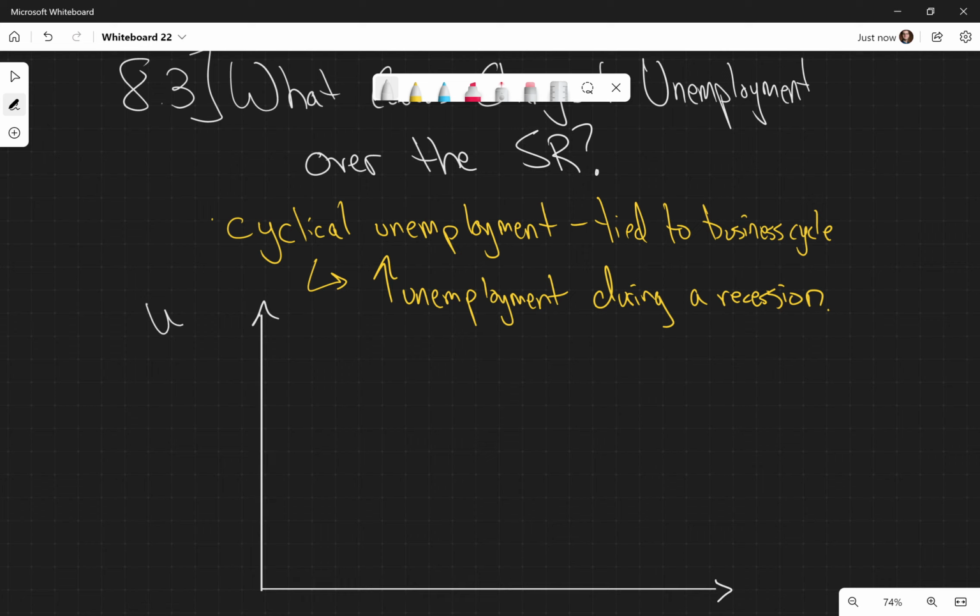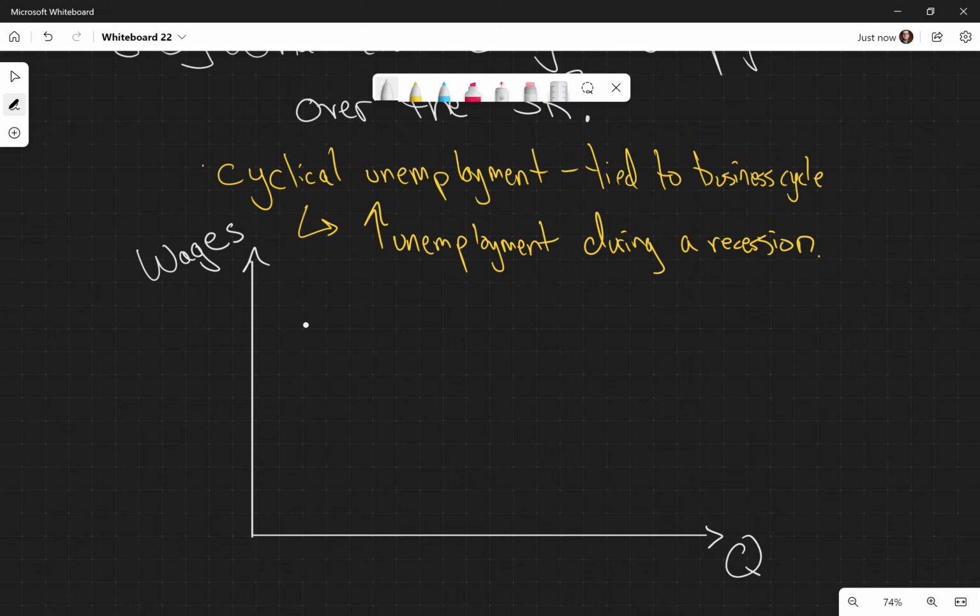We've got wages on the y-axis. We've got the quantity of labor on the x-axis. We've got a downward sloping demand curve and an upward sloping supply curve. Remember, the supply curve is our households, the demand curve is our employers. It's flipped when we talk about labor markets.